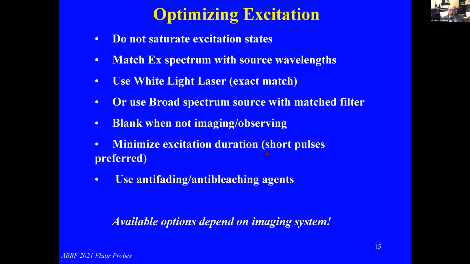On the detection stage, we can optimize by matching emission filter, matching dichroic filter, which is essential to separate excitation and emission, because emission is much weaker than excitation. We should look into optimal exposure time so that the signal to noise ratio is at least above value of 3.